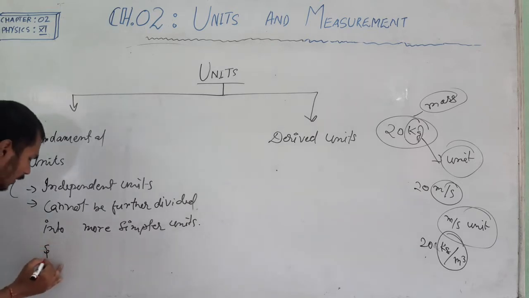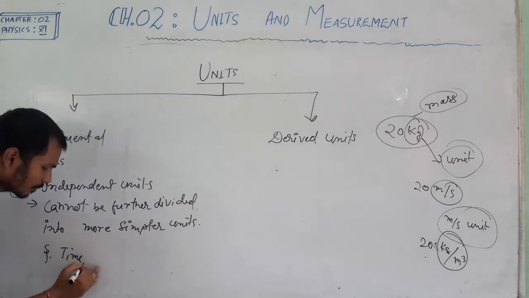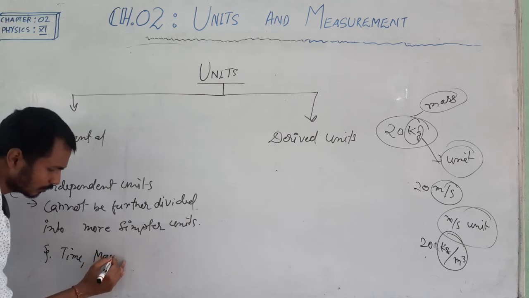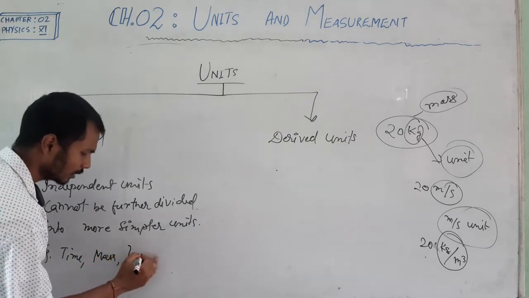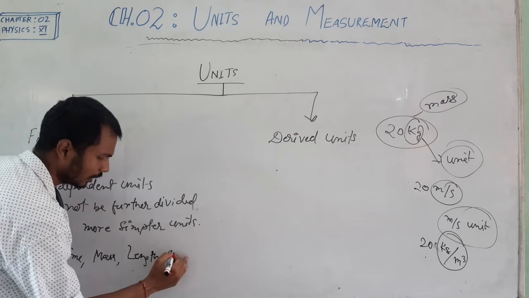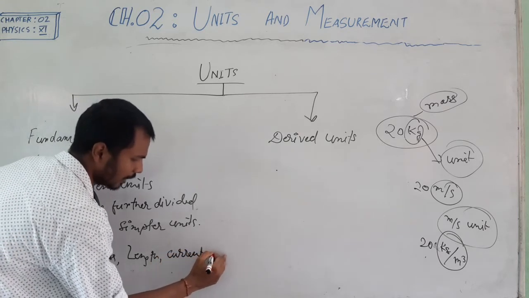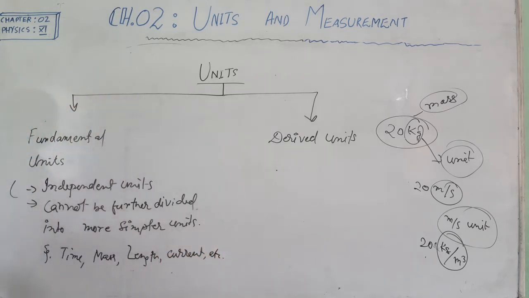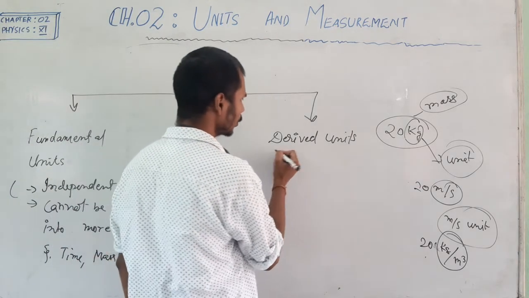Examples are time, mass, length, current, etc. Okay, there are many more fundamental units. This fundamental unit is also called as base unit or basic unit. Okay, so now next derived unit.